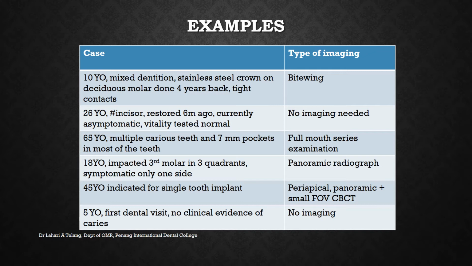Lastly, a 5-year-old, first dental visit, no clinical evidence of caries, you do not require imaging at all. Like I said in the previous slide, administrative imaging for just getting the case done or just to keep a record or just to make your patient happy is not recommended, because any amount of radiation, especially in case of children, is to be avoided.